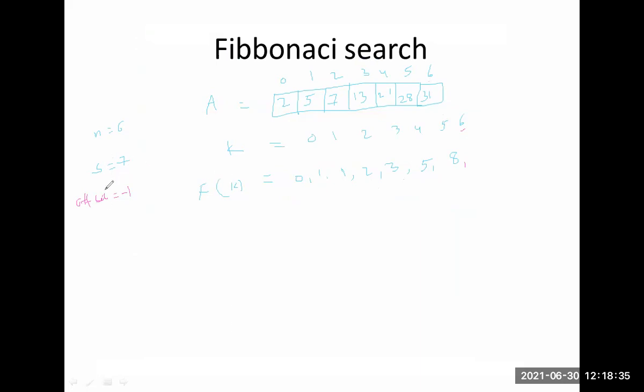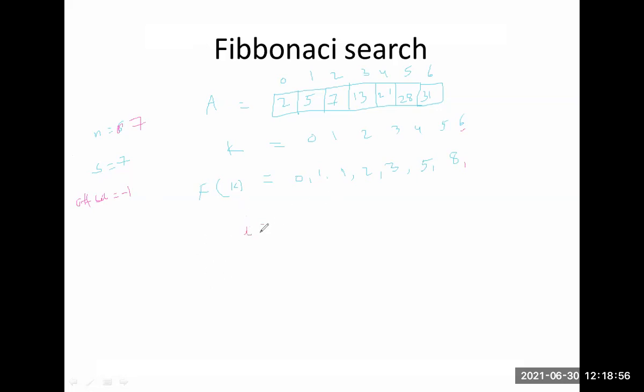my searching element is 7. Okay. My searching element is 7. And n is also 0, 1, 2, 3. So the n value is 7 here. And the searching element is 7. So what we have to do, just write the formula here.